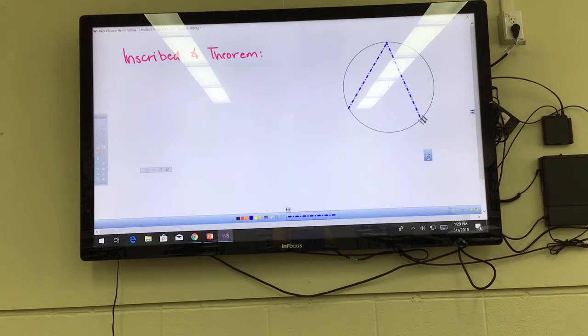There's no reason that that's dotted. I just haven't changed the line. But here's this angle ACB. That is the inscribed angle.